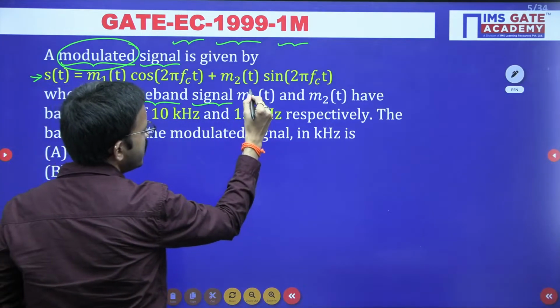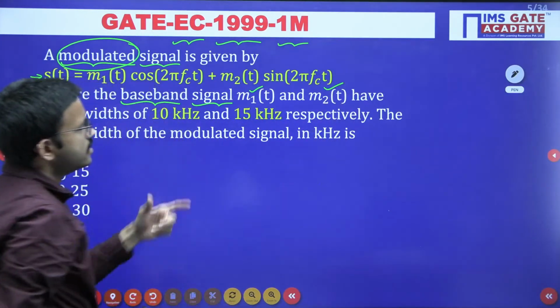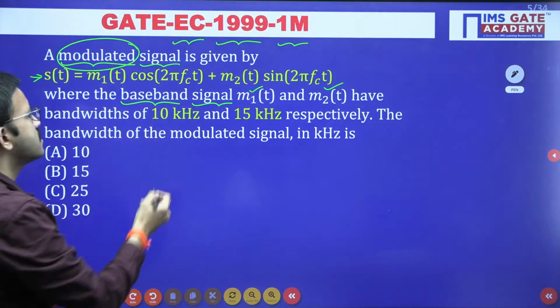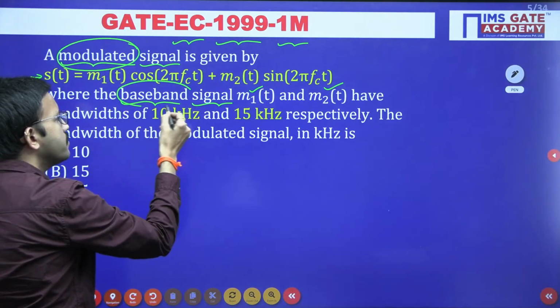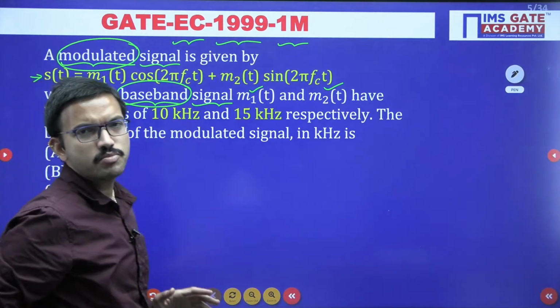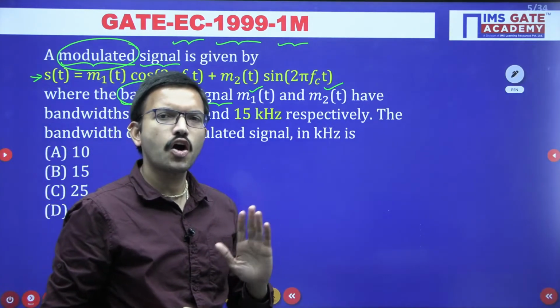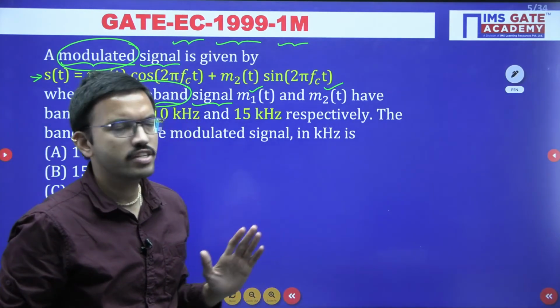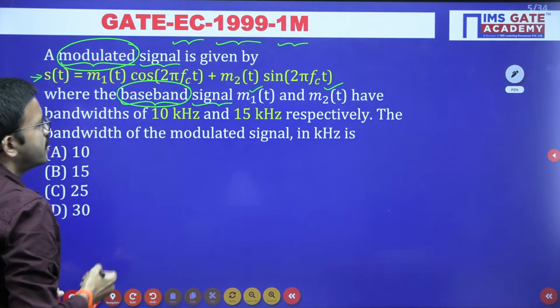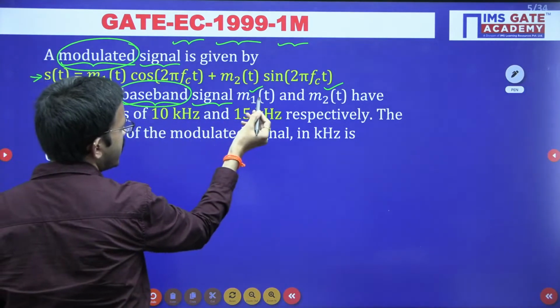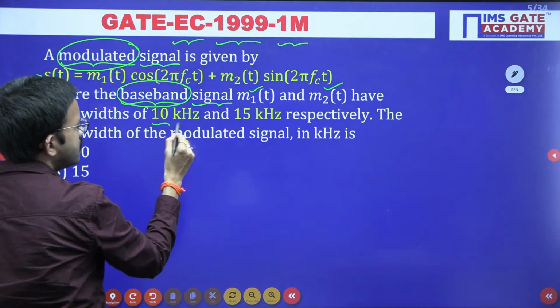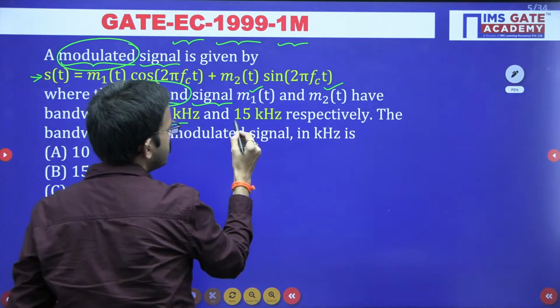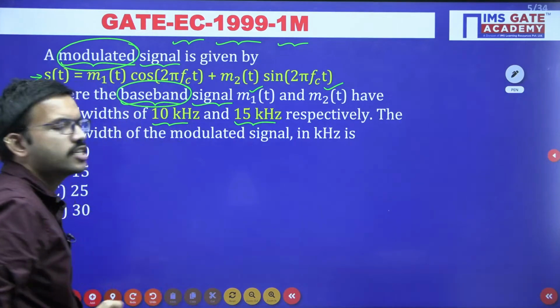Regarding m1 of t and m2 of t, it is mentioned that they are baseband signals. Baseband means the signal spectrum is centered around the origin, or zero frequency. The bandwidth of m1 of t is 10 kHz, and the bandwidth of m2 of t is 15 kHz.